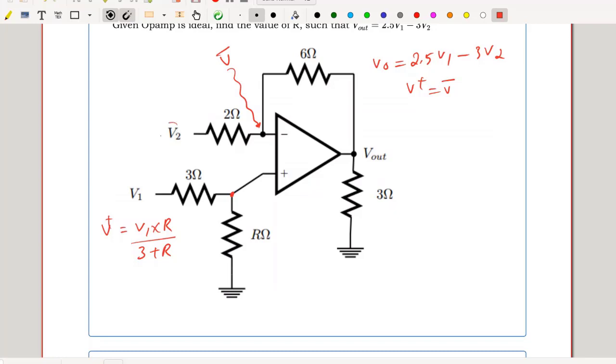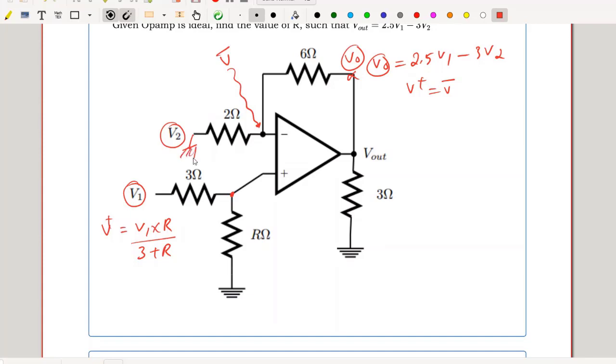V minus can be easily identified. I have two sources, V out and V2, that divide between 2 and 6 ohm resistors. So my interest is about V1 and V out. So I am not considering my V2.